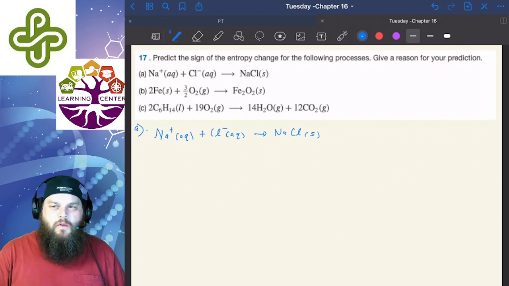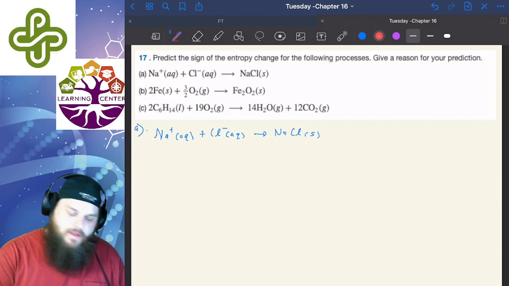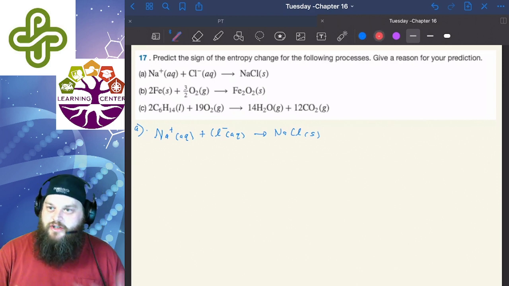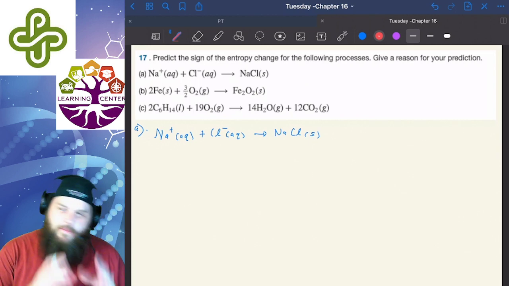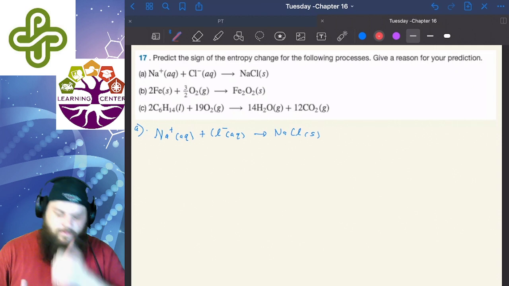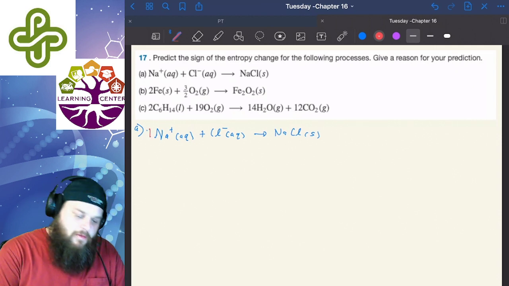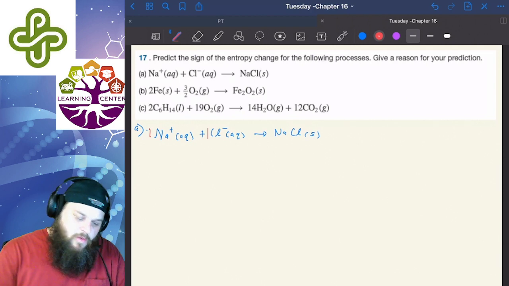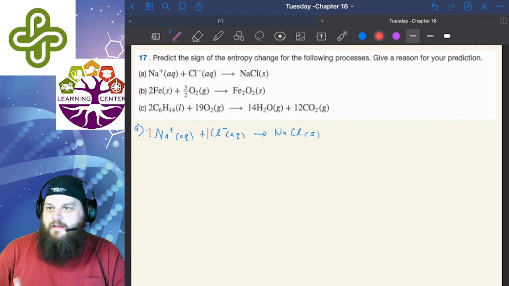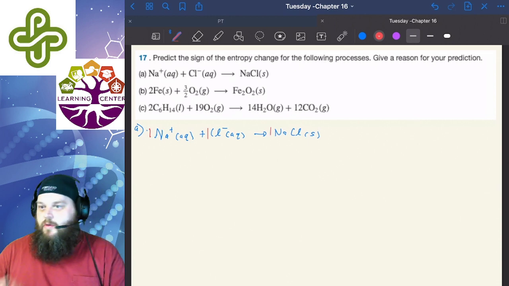We want to know what's the entropy involved with this. And one of the signs of a change in entropy is looking at how many moles of product versus the moles of reactant that you have. So in this case, we have 1 mole of sodium ions floating around in the solution. We have 1 mole of chloride ions floating around in solution, and they precipitate into 1 mole of sodium chloride.